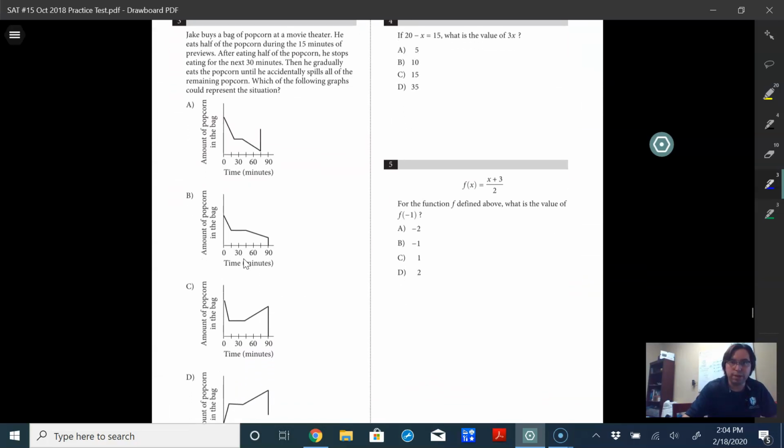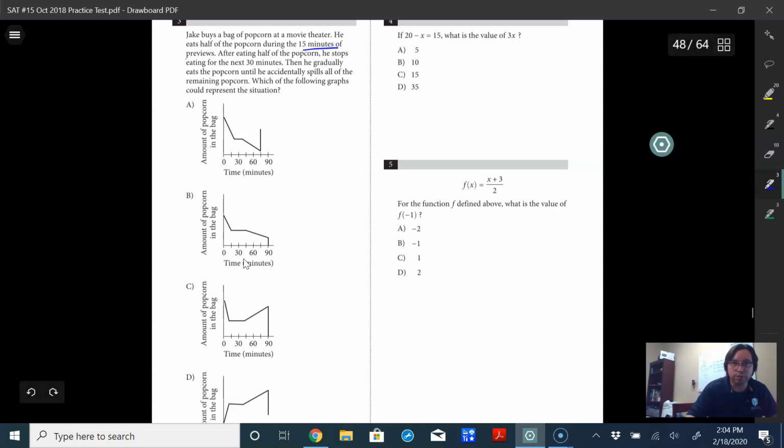Okay, so we have another graphing interpretation problem. Again, we're presented with these weird graphs, lines of sorts, and we're looking at the one that represents this. Jake buys a bag of popcorn at a movie theater. He eats half the popcorn during the 15 minutes of previews.